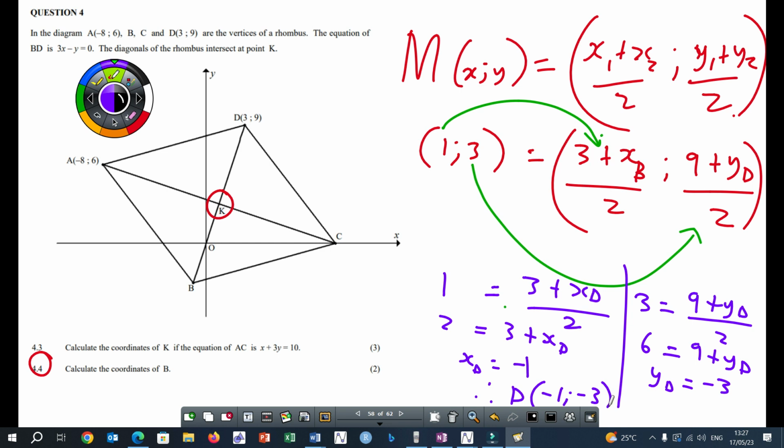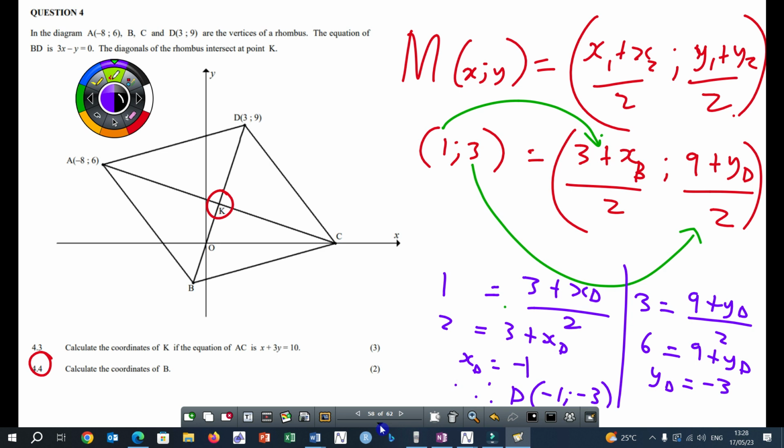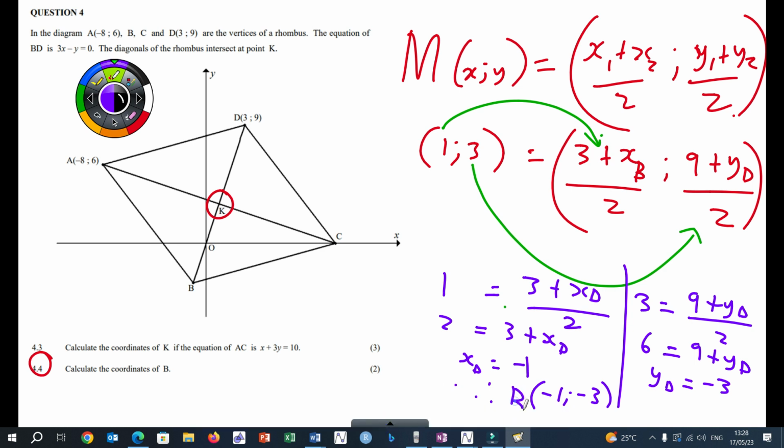Okay, but I don't understand why they are both negative. Oh, okay, sorry. It's D. Okay, sorry. I'm supposed to write here D. Okay, just give me a second. This is supposed to be what? B. Alright.